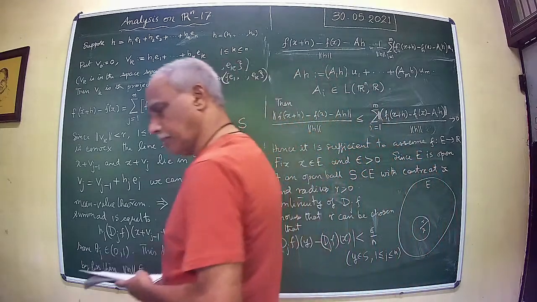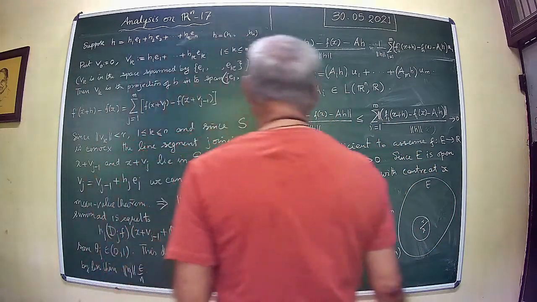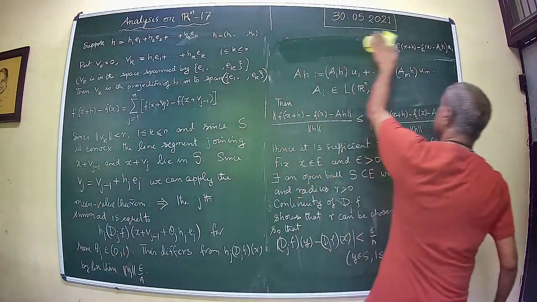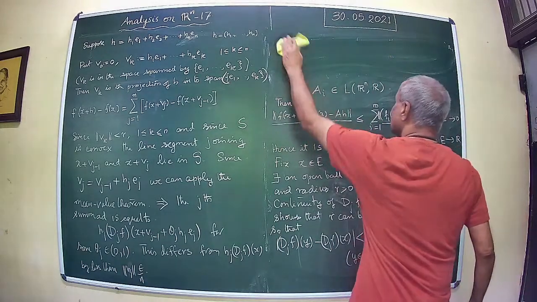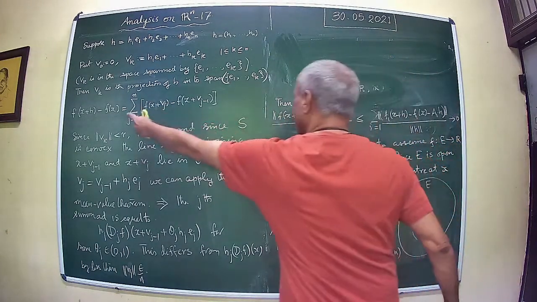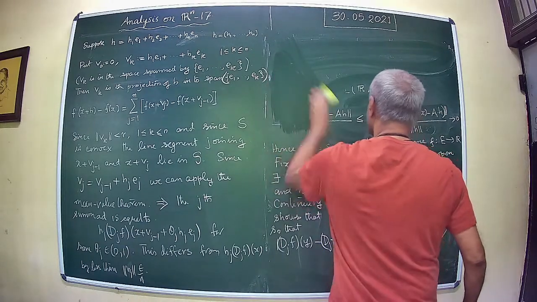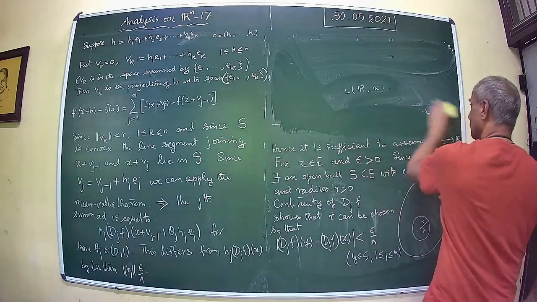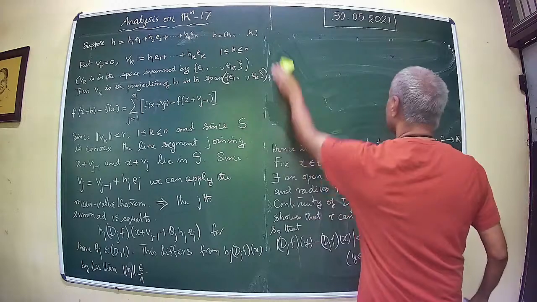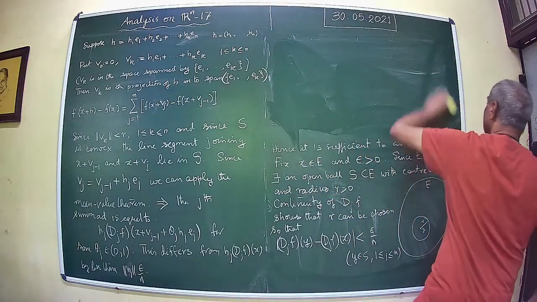Therefore, we get the following. So these are the steps actually. So the crucial step is actually breaking up this into this. Then that is the step that enables you to write down the proof immediately. Let us write down this.